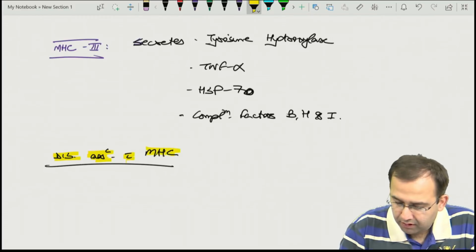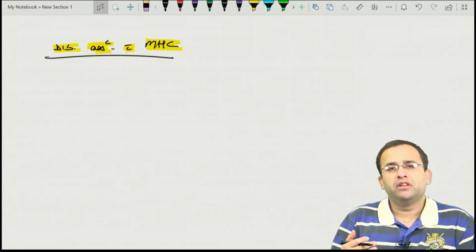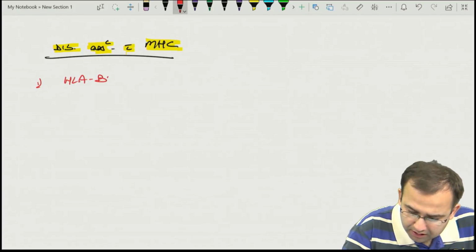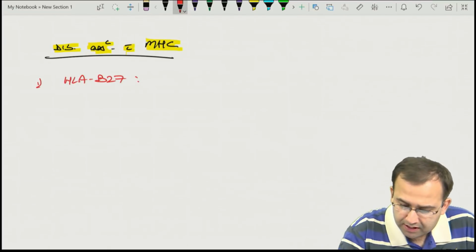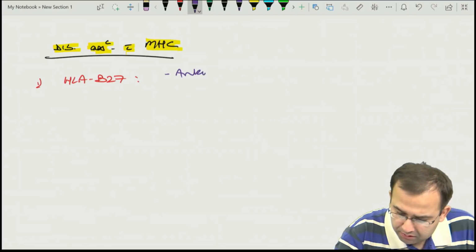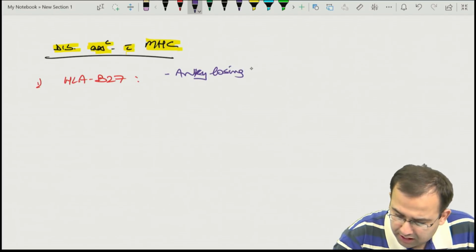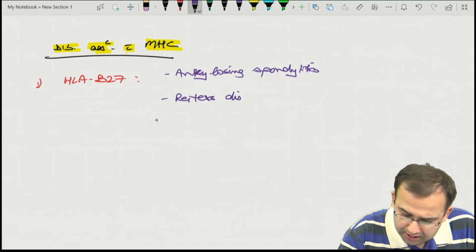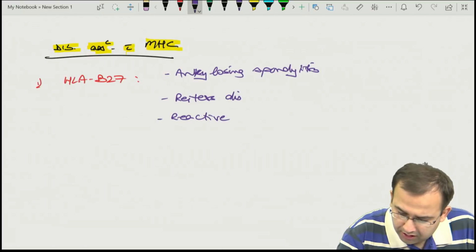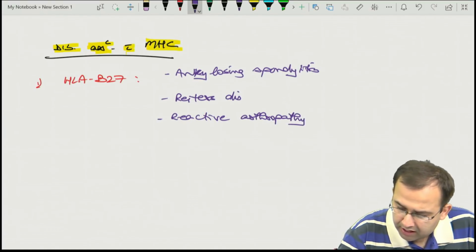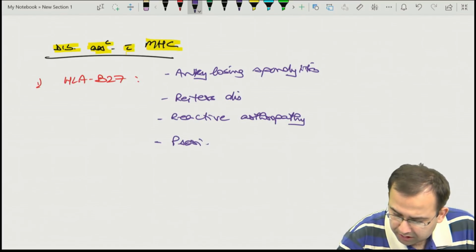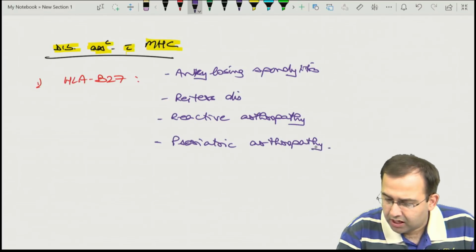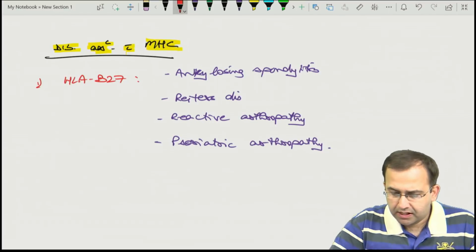Starting with the most famous one, that is HLA B27, it is associated with 4 diseases: ankylosing spondylitis, Reiter's disease, reactive arthropathy, and psoriatic arthropathy.